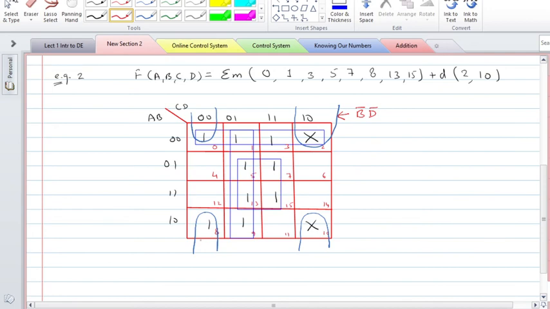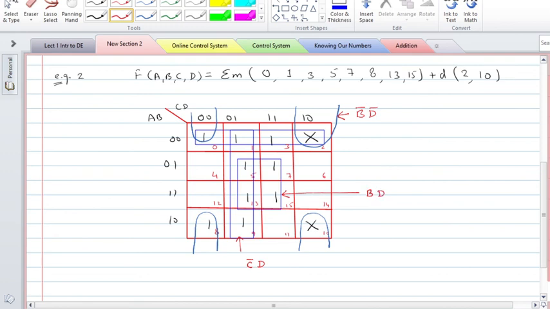For this particular group, CD is constant and the value will be C bar D. For this particular group, B is constant row wise and D is constant column wise.